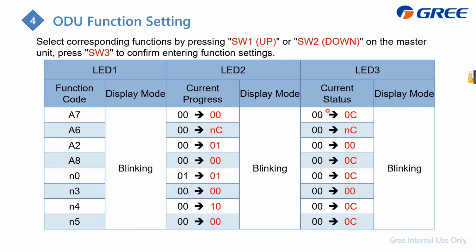Okay, so we talk about first how to change the different functions. After entering this status, we can press SW1 up or down, or SW2 up or down, to change the different functions, and press SW3 to confirm and enter the function you want to set.